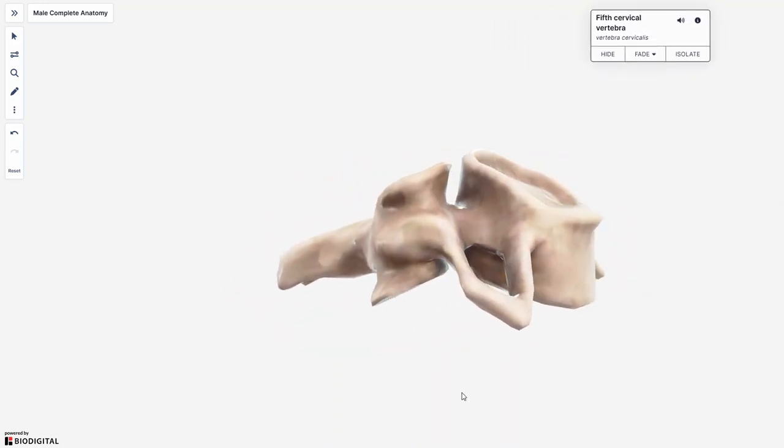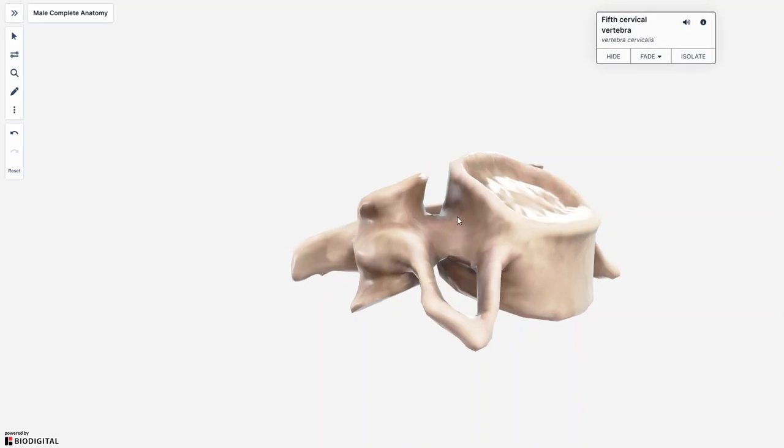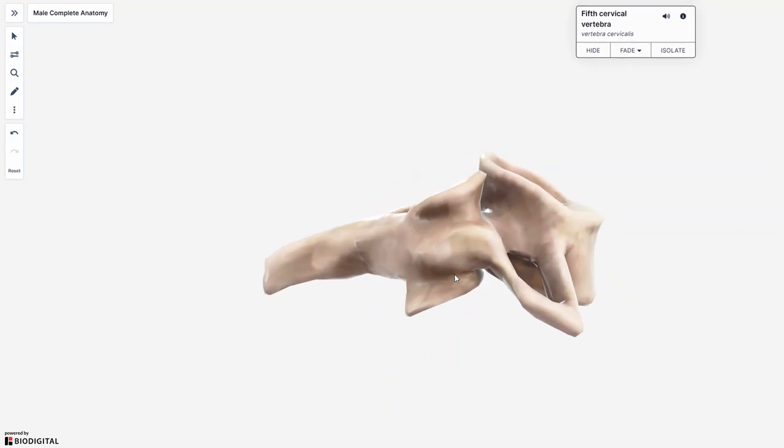Now, if we look at it a little bit obliqued, we can see this structure of bone projecting directly off of the vertebral body. This is called the pedicle. It projects directly from the vertebral body. Now, working our way more posteriorly, we see these two processes projecting superiorly and inferiorly.